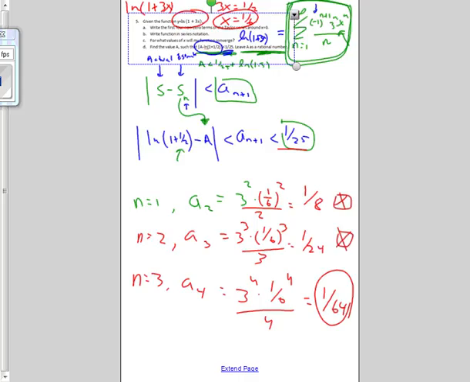So this is less than 1/25. So if we were to use a third degree approximation, let n equal 3, then our fourth term equals 1/64, which is less than 1/25. What that'll make true is that my error will be less than 1/25, which is what I'm looking for.